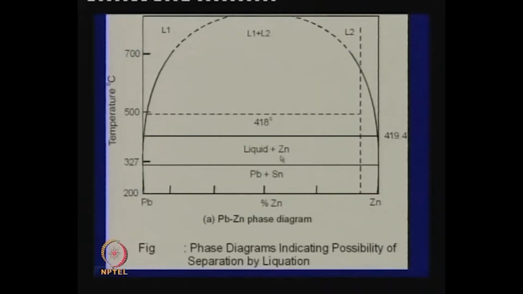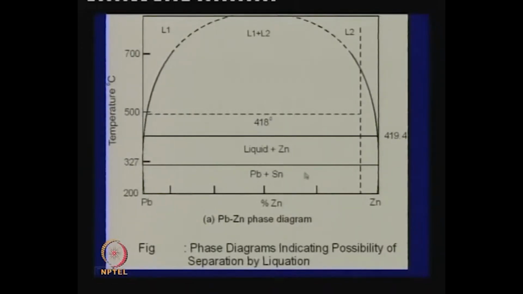If we have impurities like lead, if you consider the lead zinc diagram, you see what happens when you go to higher temperatures. We can create two liquids, one very rich in zinc, one very rich in lead.